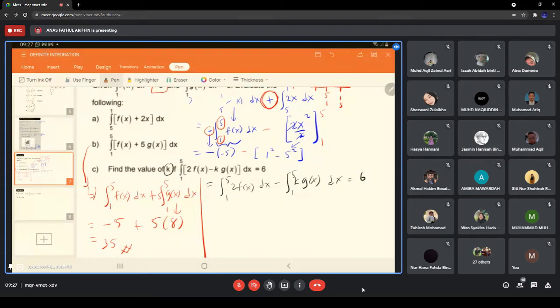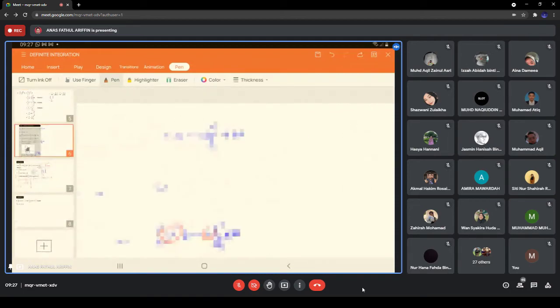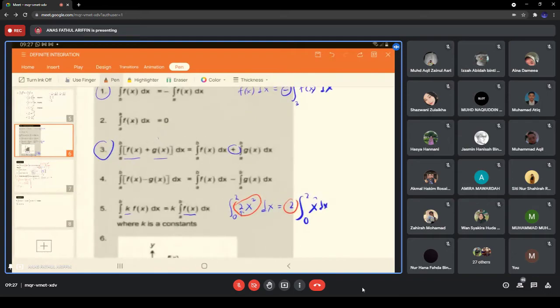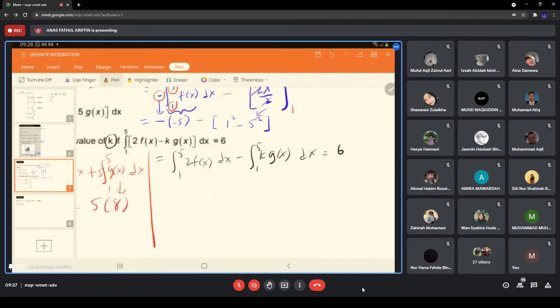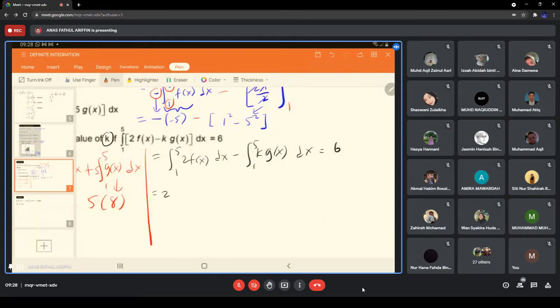And then we use the property number 5. Kita boleh keluarkan constant tu when we multiply constant with the function. So we have 2 multiply integration from 1 to 5 for function fx dx, and then minus k, we take out k, from 1 to 5 integrate for function gx dx equivalent to 6.